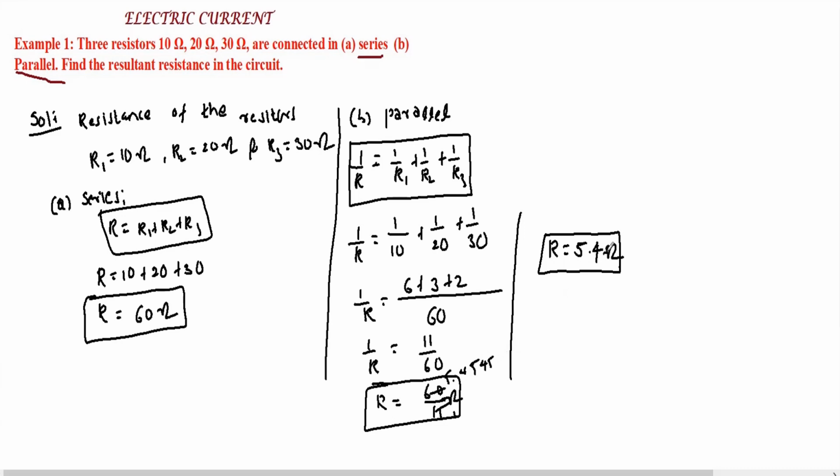If we round these values, we can write simply 5.5 ohm. This is the resultant resistance in the parallel connection, if the three resistors are connected in series and in parallel.